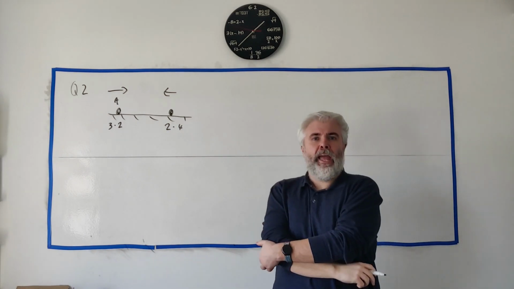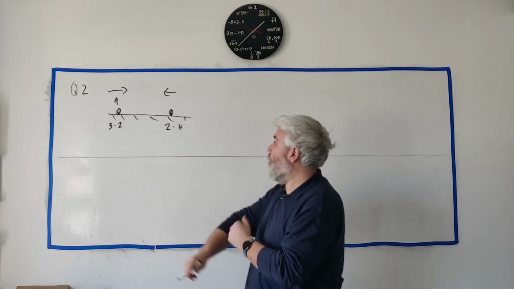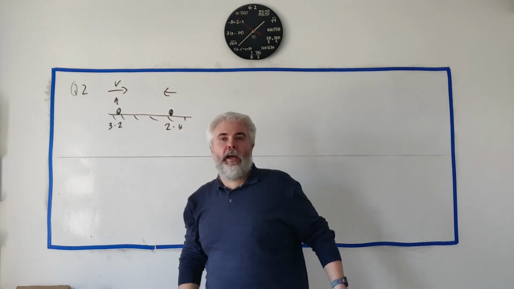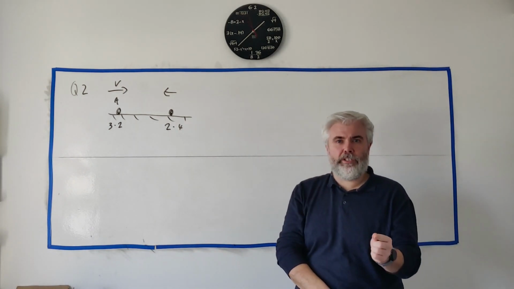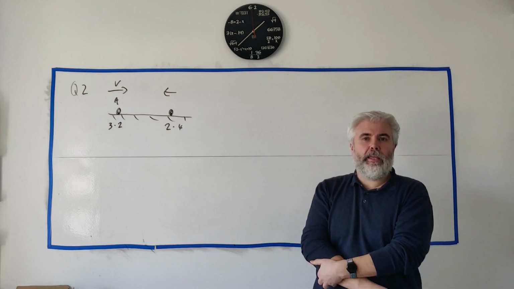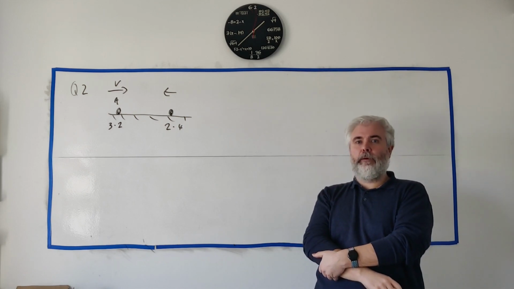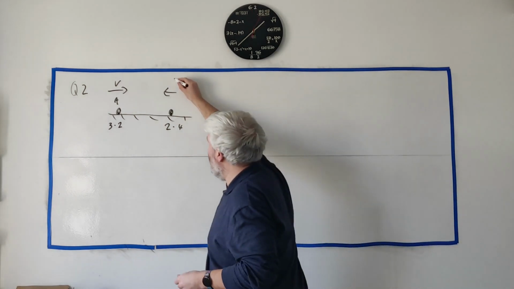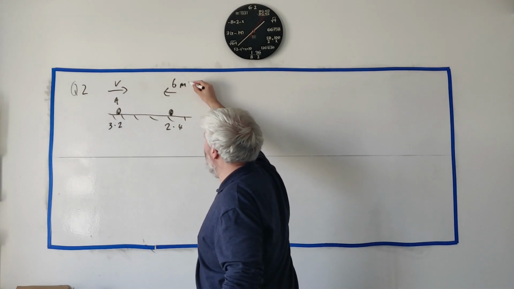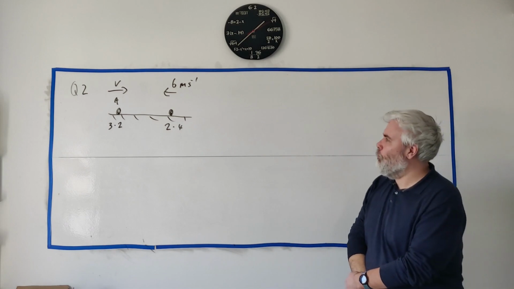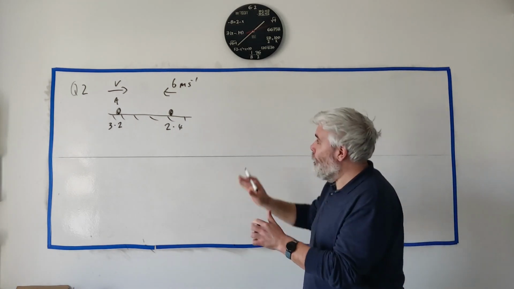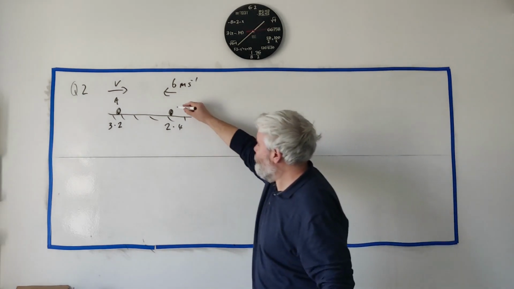They say A moved towards B with a velocity of V, and they say it collides with B, which is moving towards A. If your English is not perfect, I think some students may have missed some of these numbers, which is unfortunate because maths shouldn't really be about the English.